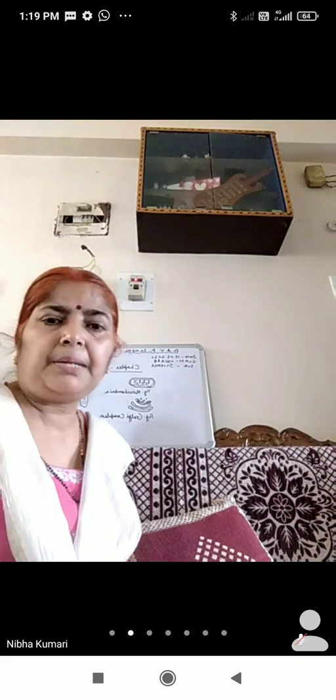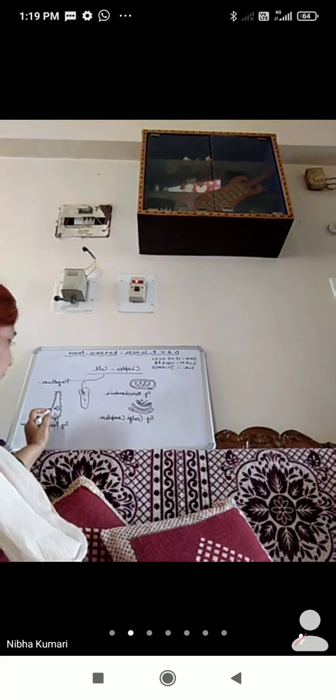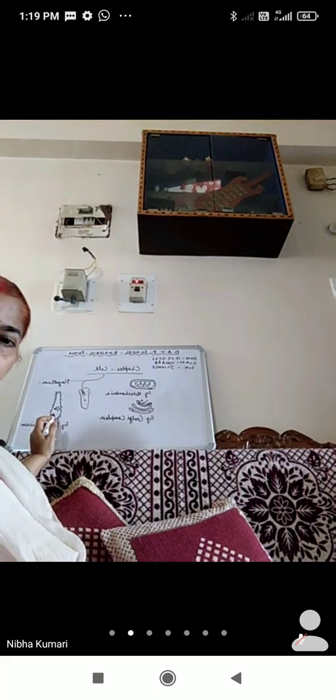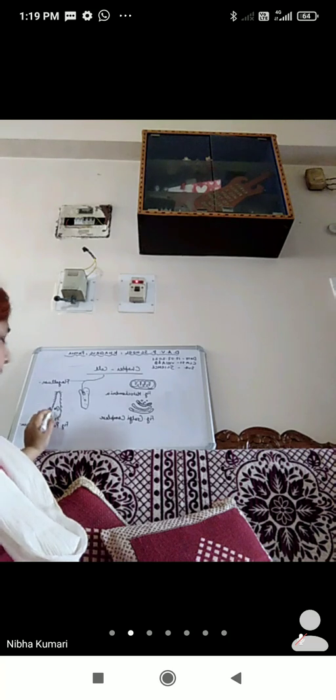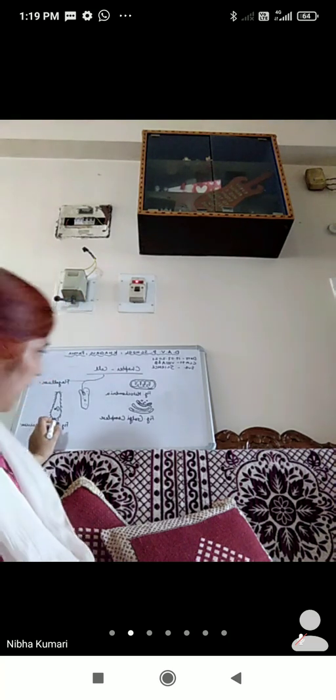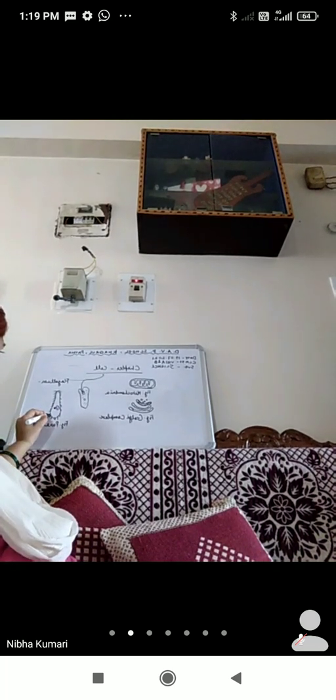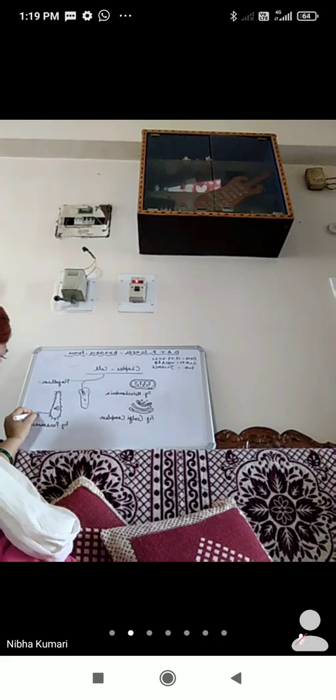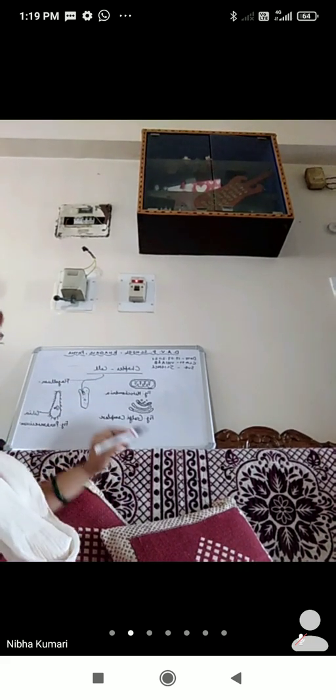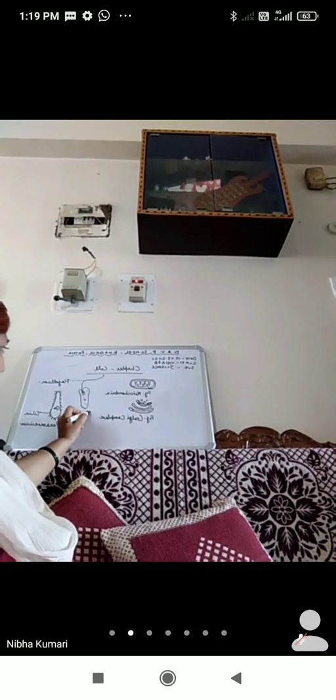Paramecium is a slipper-like animal cell. You can see children, it is slipper-like animal cell, and it is also a protozoan. And you see, the cell membrane has these extensions called cilia. These structures are called cilia. And this structure is flagellum. This is euglena.